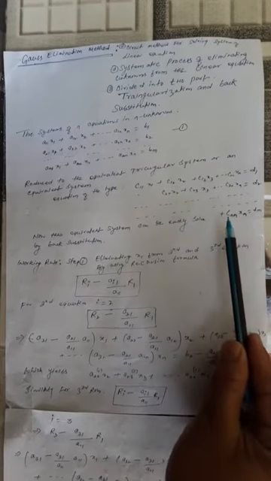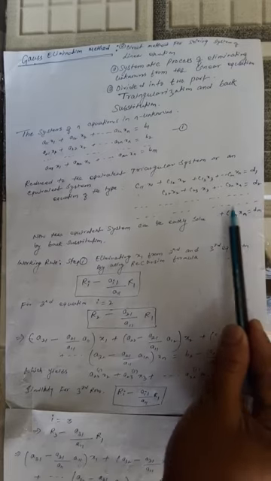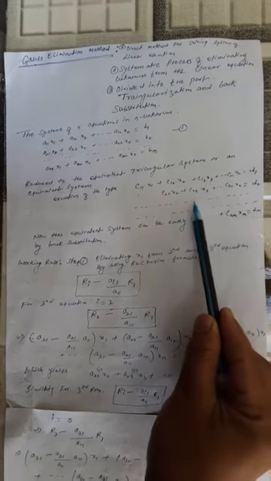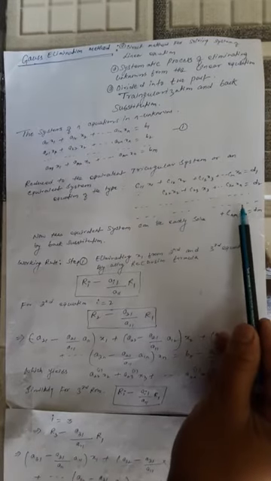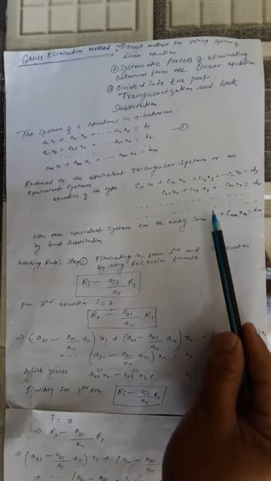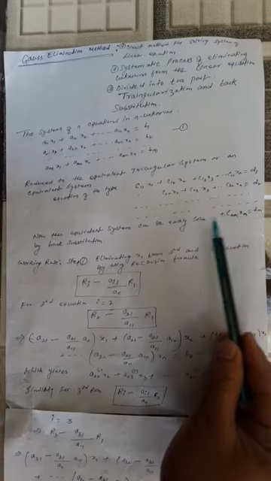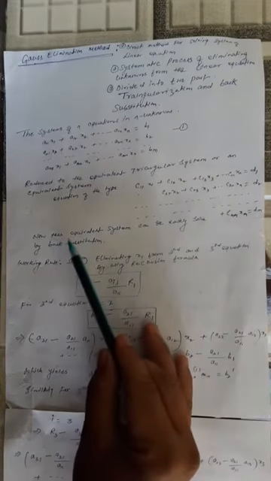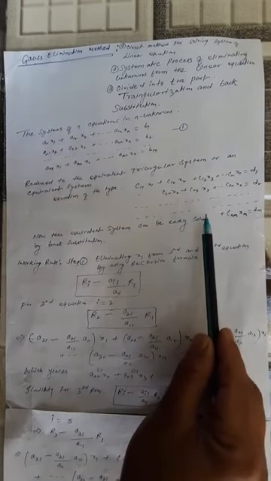From backward substitution we can find the value of x, and then substituting in the previous equations, we can find the values of all the unknowns. Basically, what we do is convert the system into an upper triangular system, and this equivalent system can easily be solved by back substitution.